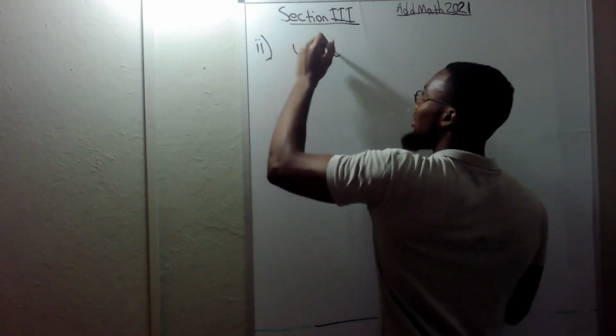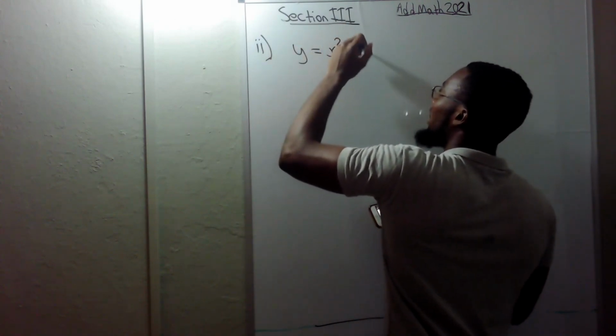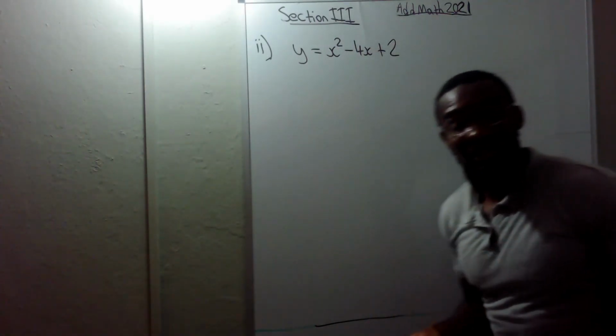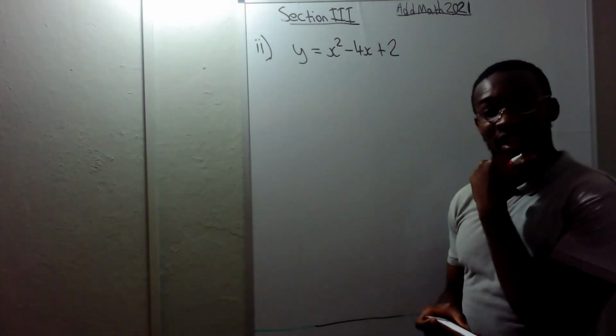Alright, now part 2, it says use principles of differentiation to compute the stationary value of y equal to x squared minus 4x plus 2. Compute the stationary value. How are we going to do that?